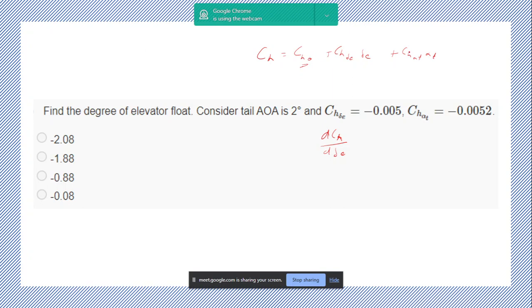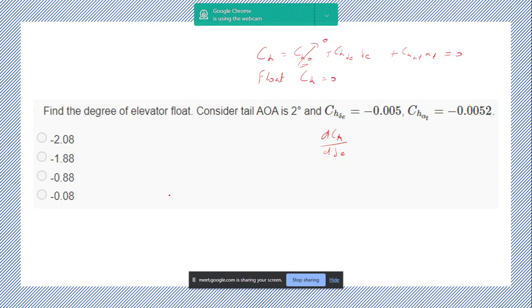When you allow your elevator to just float freely, you're not holding it at any particular point. Exactly, hinge moment is 0. So in such a case, this is float. So for float, you have CH equal to 0.